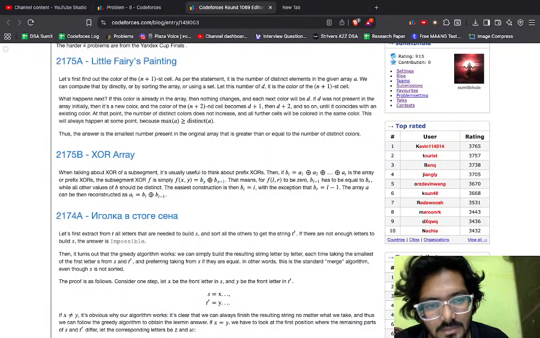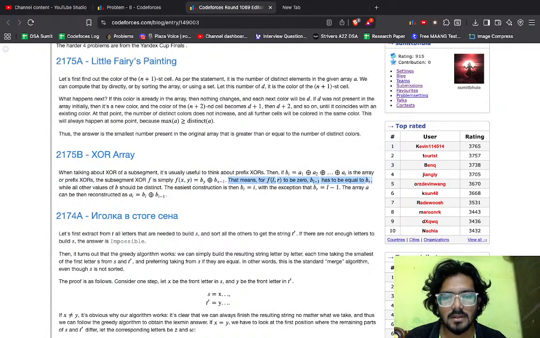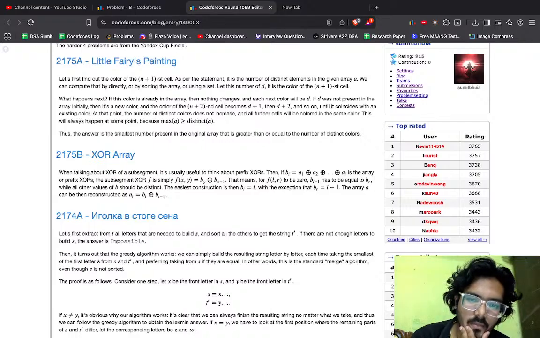That is the same thing that is being told here: it has to be equal to BR, while all other values of B should be distinct.